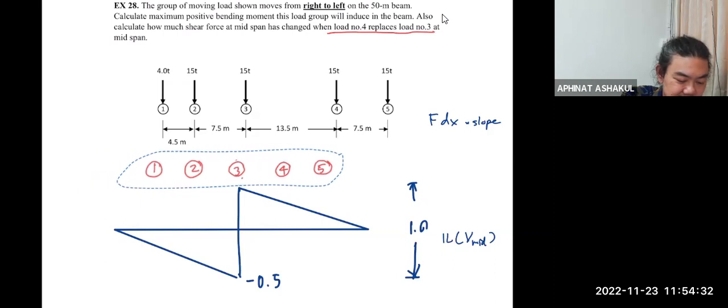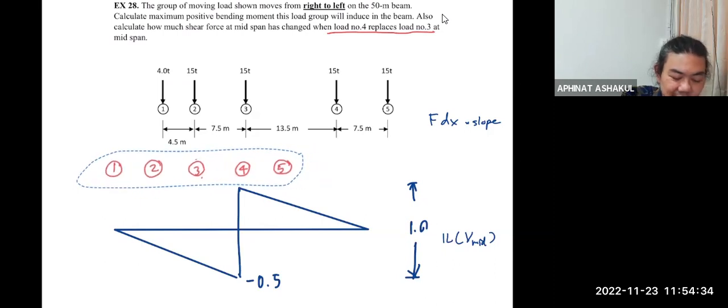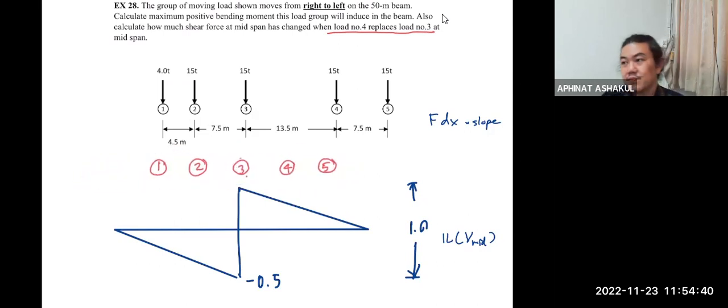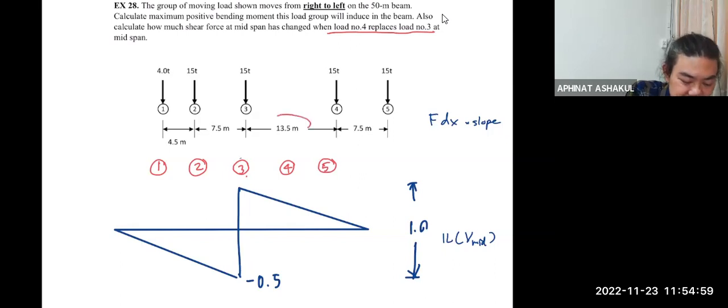So here's the beginning. But now is the point where I want to know, if this occurs, 3 and 4 like this, how much the shear at mid-span is going to change. The first thing we know is that in order for 4 to replace 3 at mid-span, the entire load needs to move a certain distance.